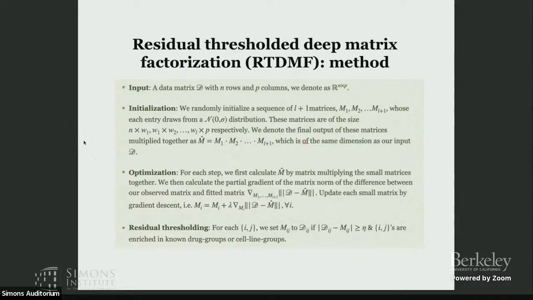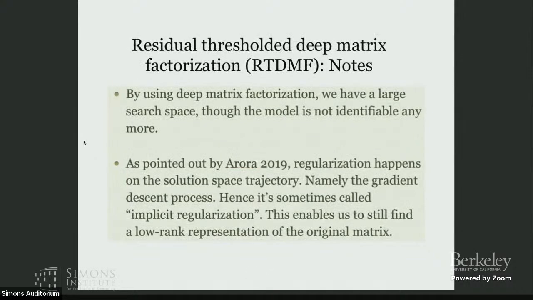Okay, so I want to give some intuitive understanding of this deep matrix factorization. We ourselves are still in the process of understanding it better. But basically, we think that compared to traditional matrix factorization, deep matrix factorization makes the search space much larger. The traditional one, to make the problem identifiable, has to narrow down the search space, and tries to find the optimal solution in the restricted search space.